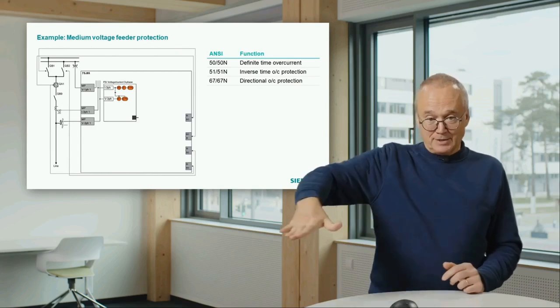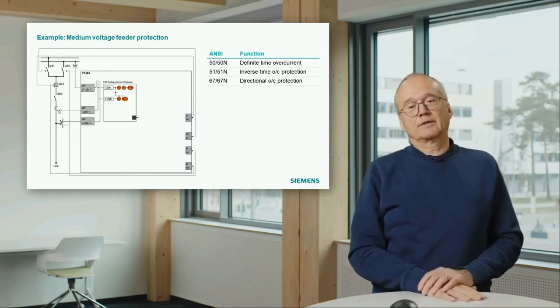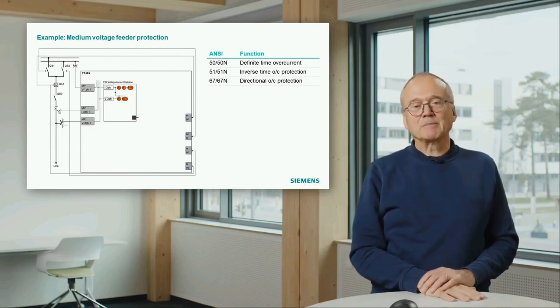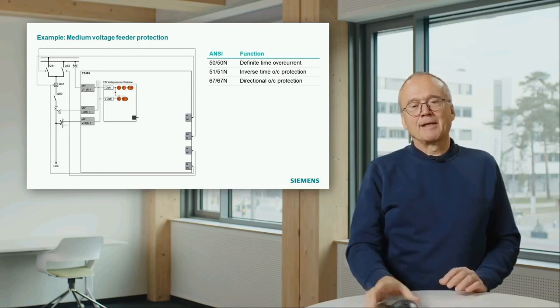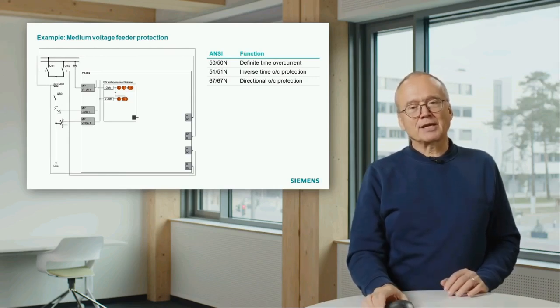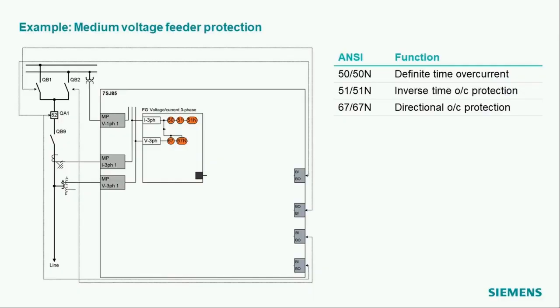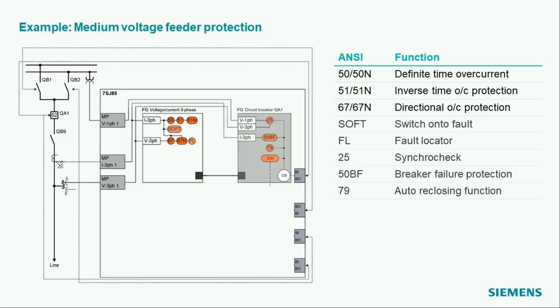Inverse time is the relay with the time-dependent trip delay. And in this case, we also have a directional overcurrent protection. We will hear in the following selectivity chapter a bit more about what is the benefit of installing a directional overcurrent protection. So that is the main protection, short circuit protection.